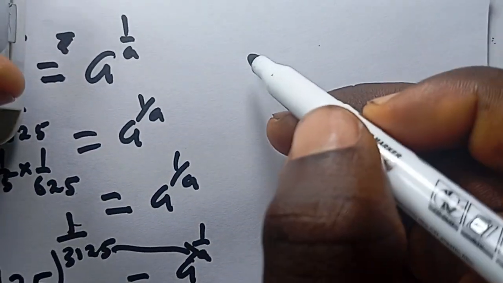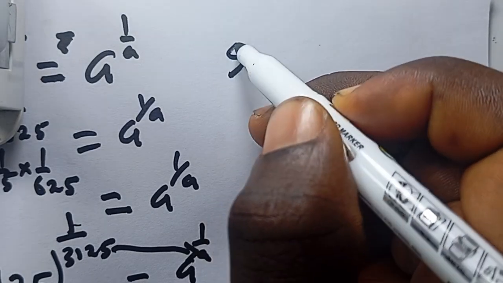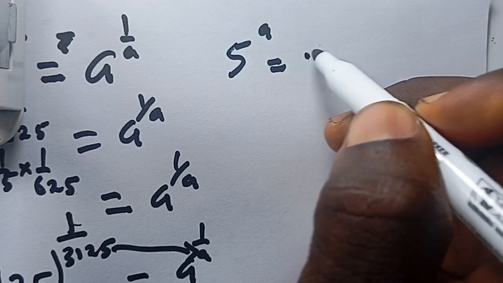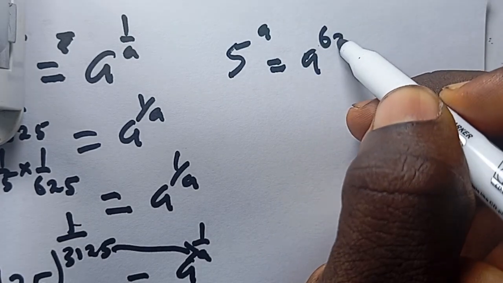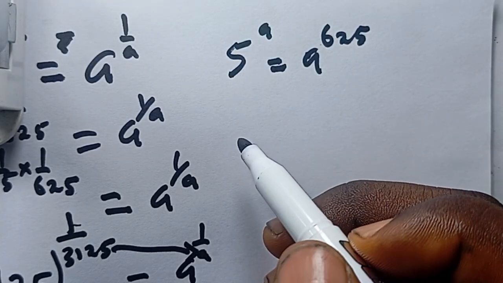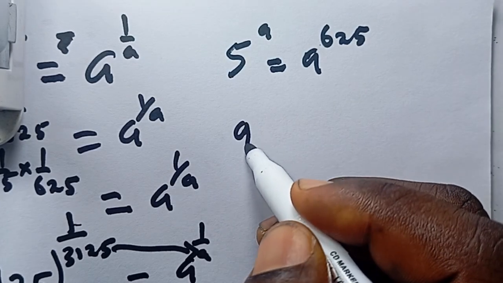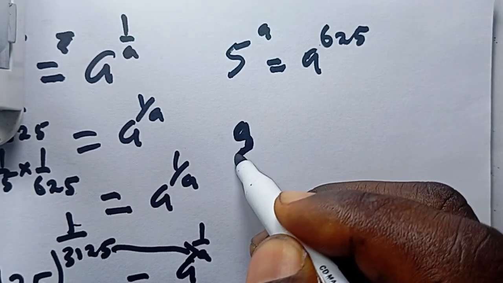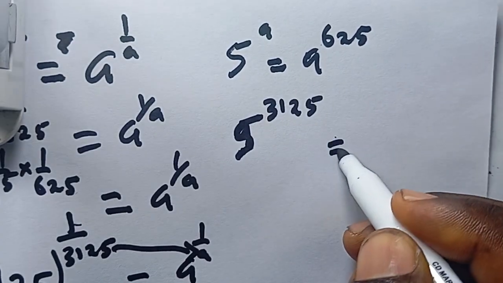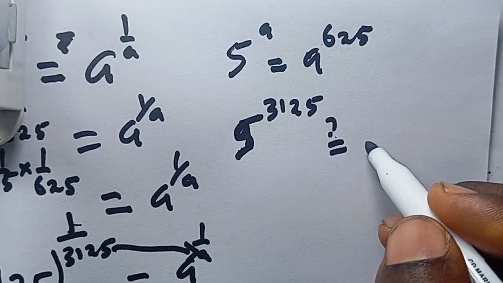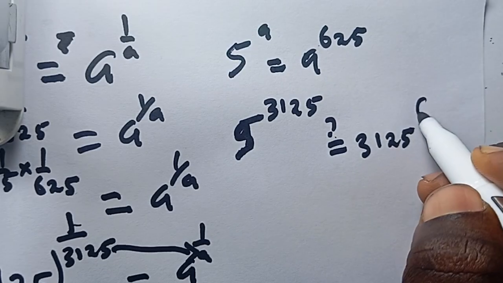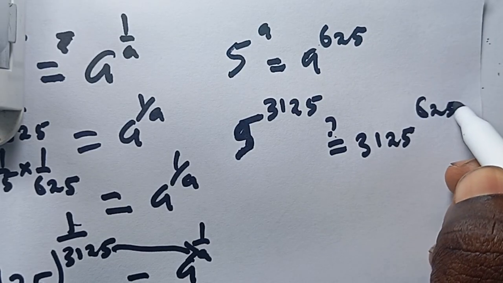Okay, so you can also go ahead and check whether this will satisfy the equation. What we just solved is 5 power a, and we want to find out whether it's equal to a power 625. If I replace a with 3125, what I'm going to be having is 5 power 3125, and I want to find out whether this will be equal to 3125 power 625.